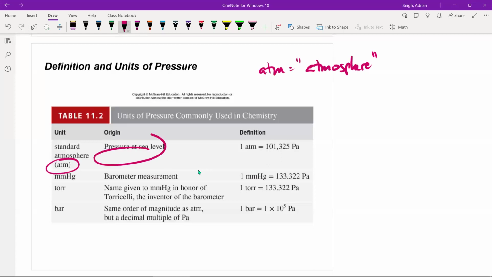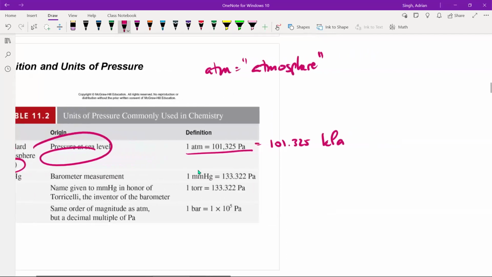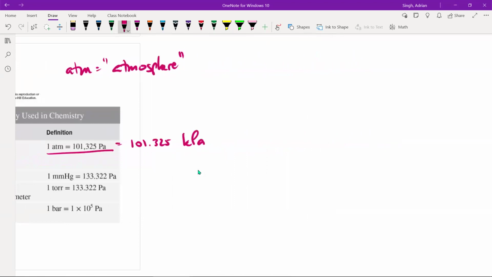And this is the pressure at sea level, and that's defined as 101,325 pascals, which is the same as 101.325 kilopascals.